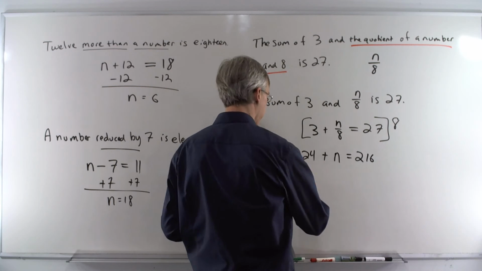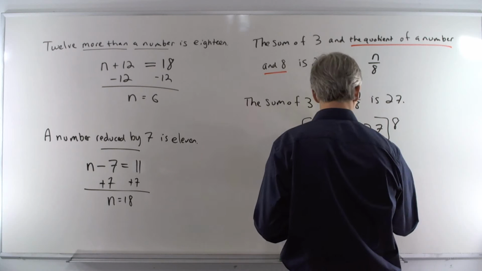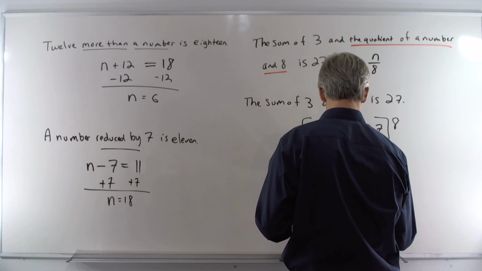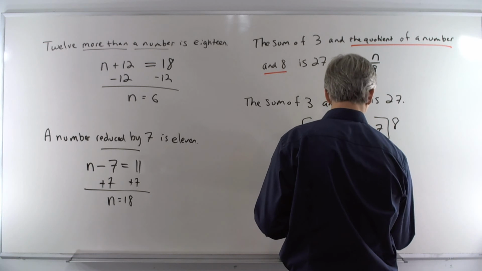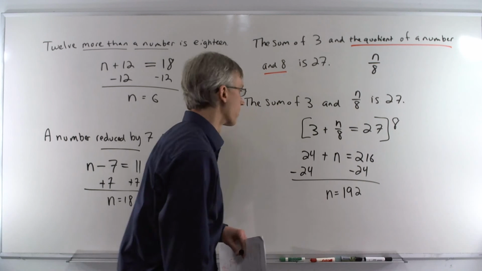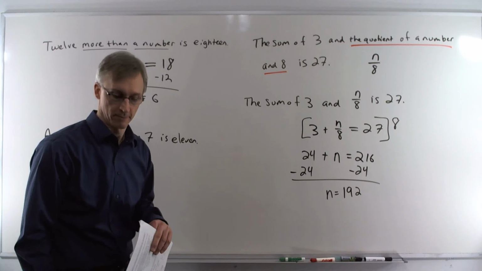Now we can subtract 24 from each side. And we get 192 for n.